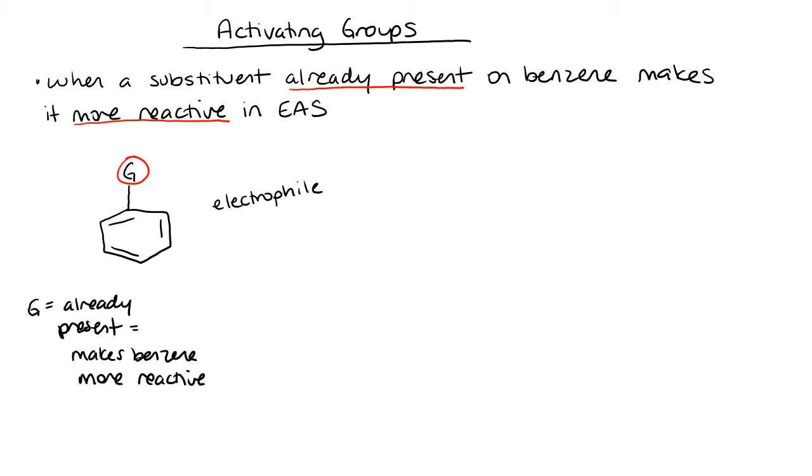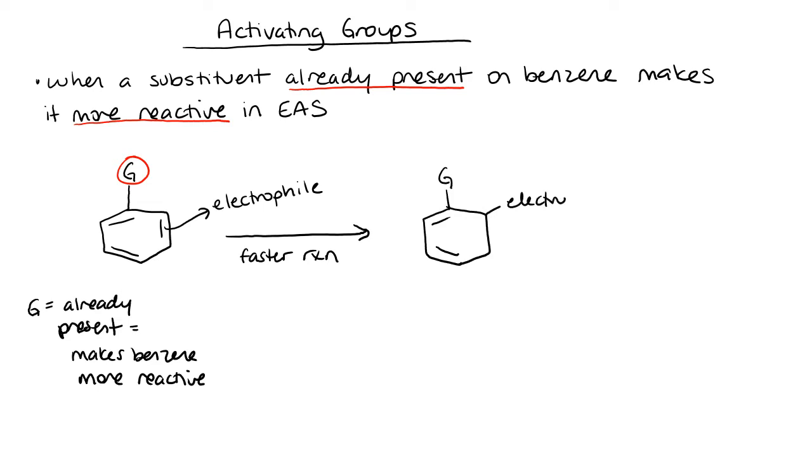So now the pi electrons that are going to attack the electrophile, this is going to be a faster reaction than would normally occur. Okay, so G is essentially helping out the benzene ring and kind of pushing those pi electrons to attack the electrophile.